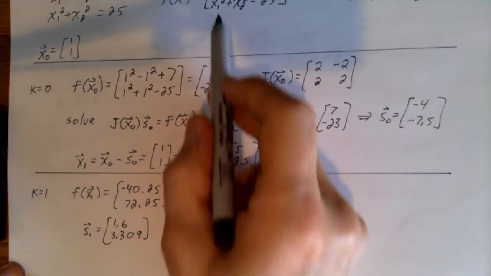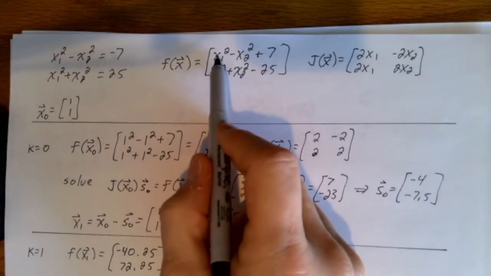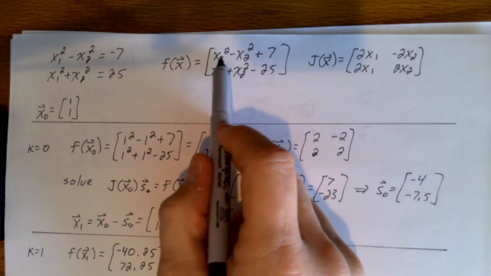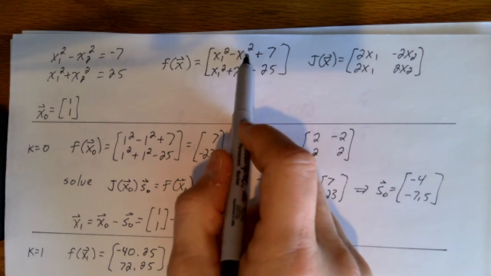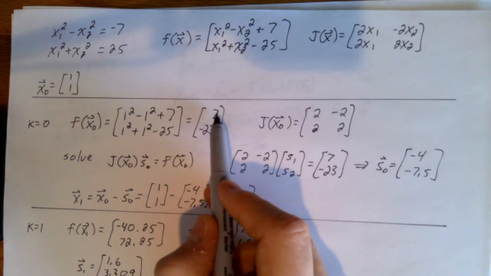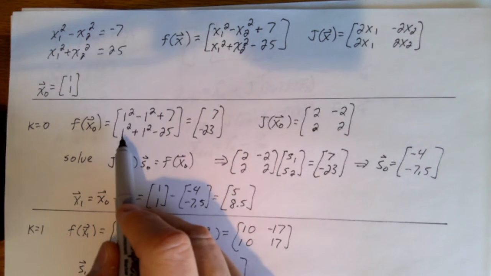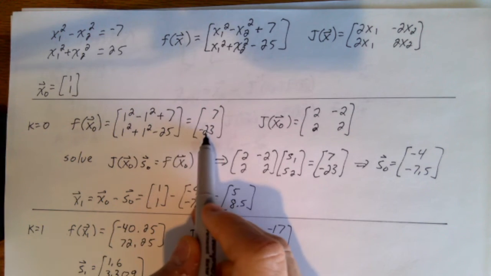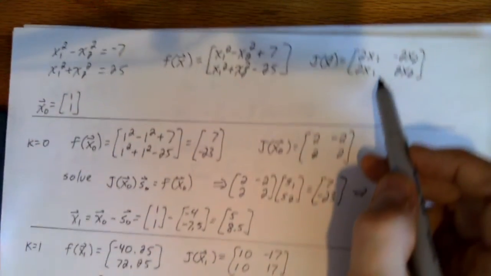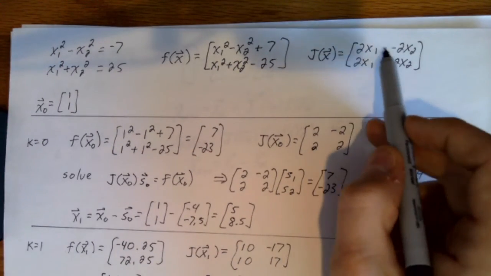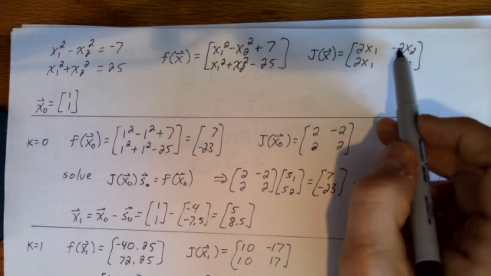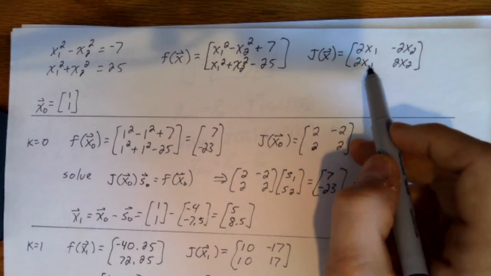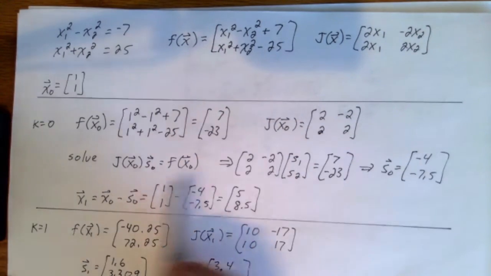And so that means I would plug 1 in here for x1, 1 in here for x2, so that'd be 1 squared minus 1 squared plus 7 is just 7. And then we have 1 squared plus 1 squared minus 25 is negative 23. Jacobian for this would be 2 times x1, which is just 2, minus 2 times x2, which is just minus 2. This would be positive 2, get that right there.